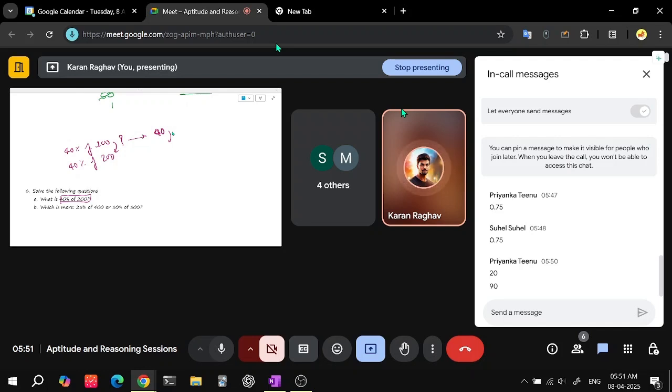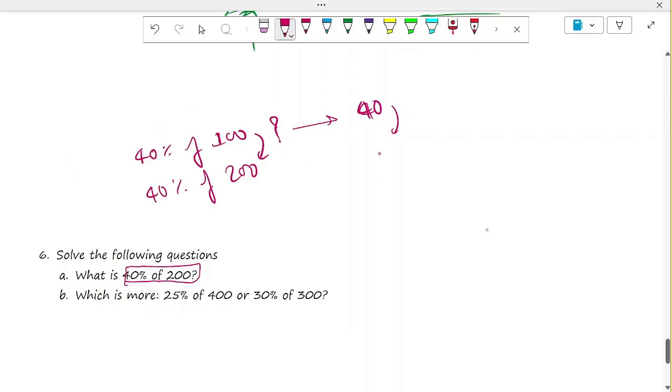Since you are doubling the quantity, you are going to get the double answer. So what will be the answer for this question? No calculation required. We can say directly it is equal to, yes, 80.